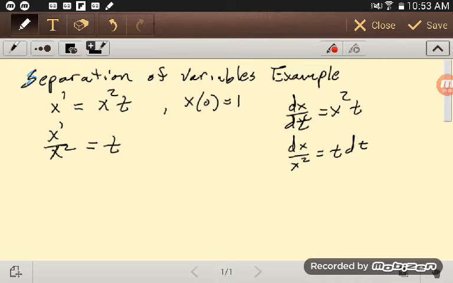And what it looks like I did was I divided both sides by x squared. That is true. But then the other thing it looks like I did was multiply both sides by dt. Well, I did not. That is not how I got to this thing.